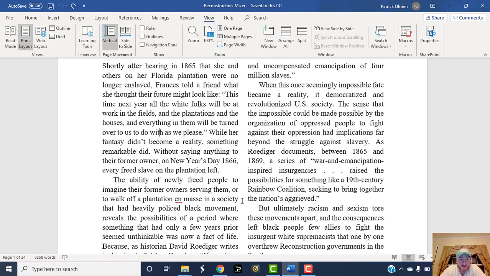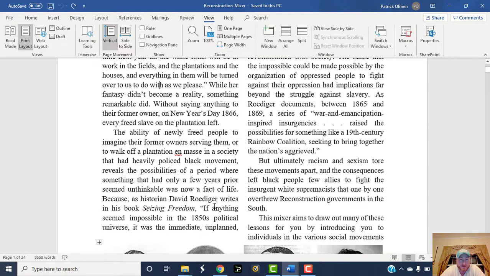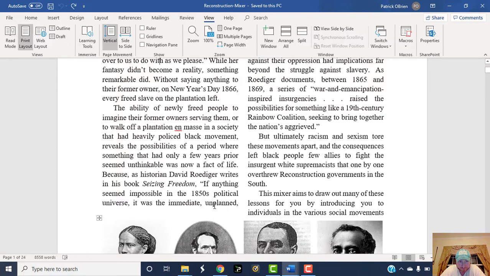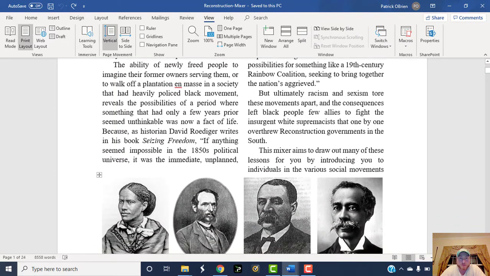Without saying anything to their former owner on New Year's Day, 1866, every freed slave on the plantation left. So the ability of newly freed people to imagine their former owners serving them, or to walk off a plantation en masse in a society that had heavily policed black movement, reveals the possibilities of a period where something that had only a few years prior seemed unthinkable now was a fact of life.